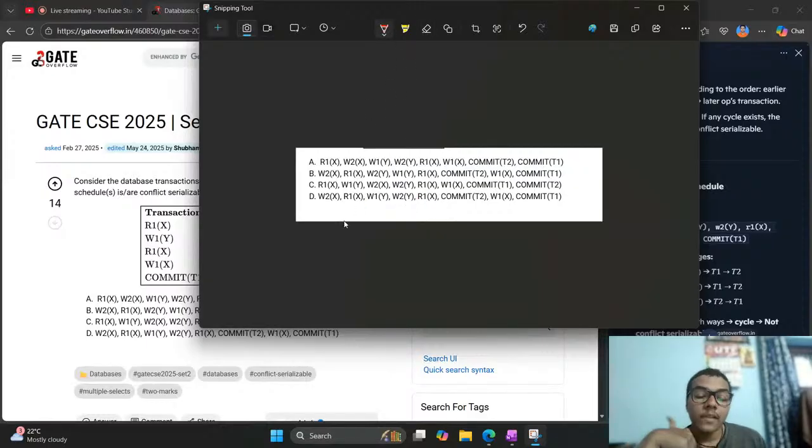Okay, and W2x, what do we need? W1x. There is no W1x. We committed before. So there is a read of x, right, R1x. So we need W2x. No W2x.